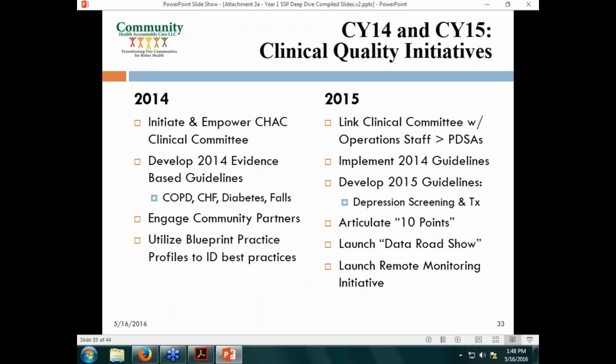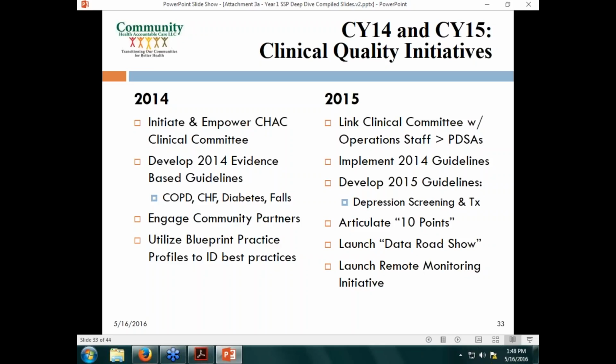Also in 2014, we spent a long time engaging our community partners. We have all of our home health agencies and our behavioral health providers, mental health centers, and the specialized service agencies within our network as well, and several hospitals are in our network. And so we spent a lot of time recruiting them in our network and recruiting them onto our committees and figuring out ways of working more closely with them.